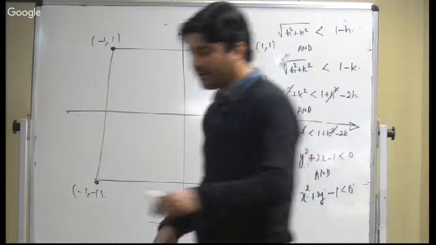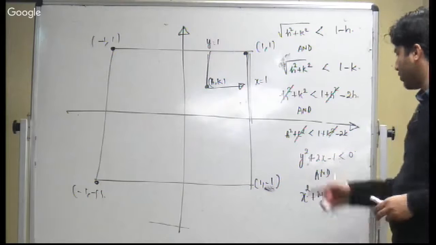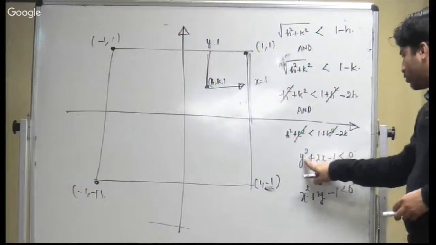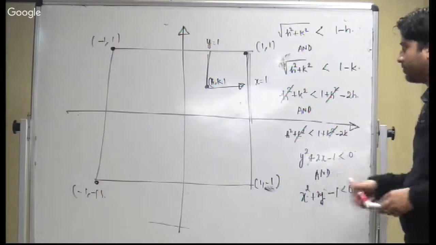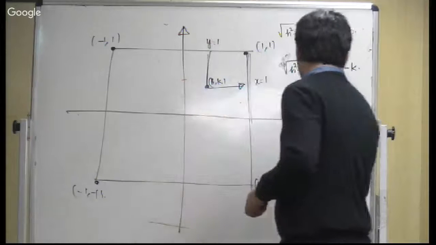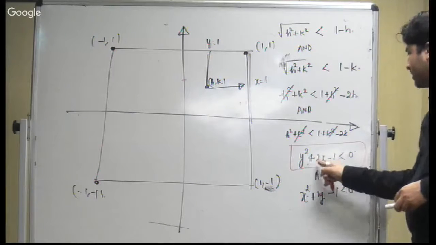Should I draw with red? How is this graph going to look? y square plus 2x minus 1. At y is equal to 0, x is going to be half. I'm drawing this with red.